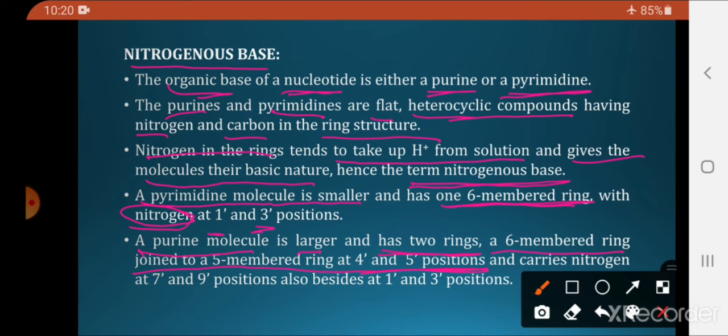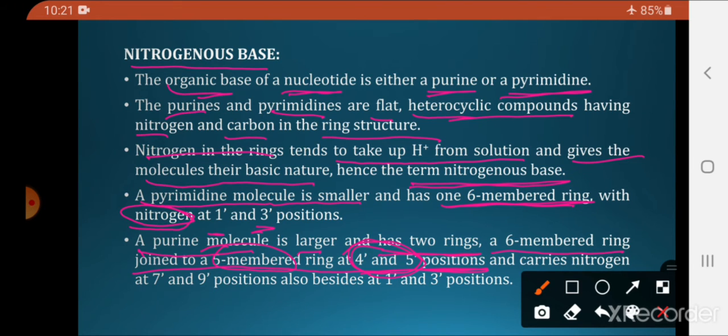So one is a 6-membered ring. वो जैसे ही pyrimidine की थी सेम रिंग रहेगी कि जहाँ पे 1 and 3 पोजीशन पे नाइट्रोजन थे एंड बाकी सब कार्बन थे. Now this 6-membered ring at position 4 and 5 is joined with a 5-membered ring.